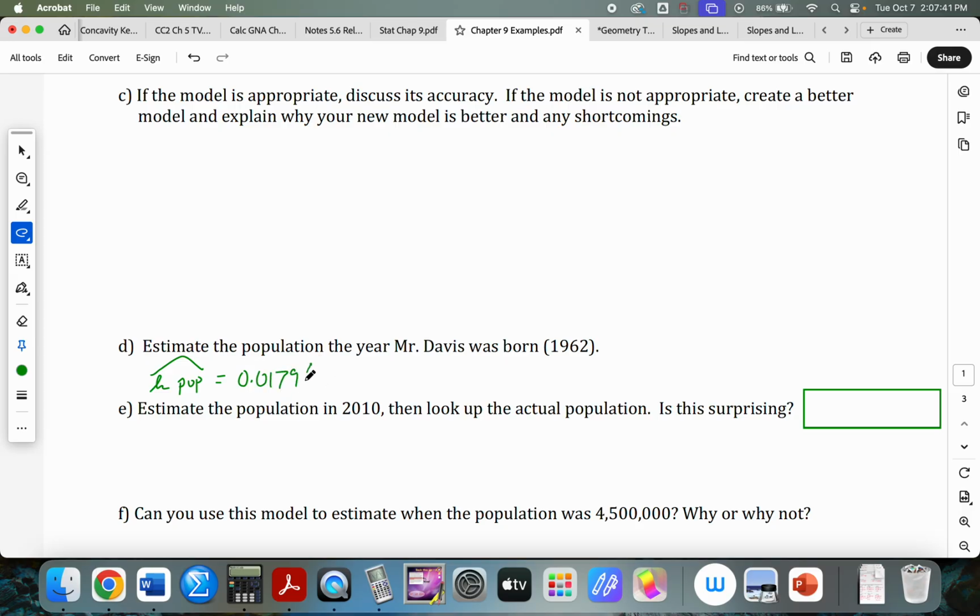Times the year since 1950, right? Since 1950, yes. Years since 1950. And then what was the intercept? 7.8428.